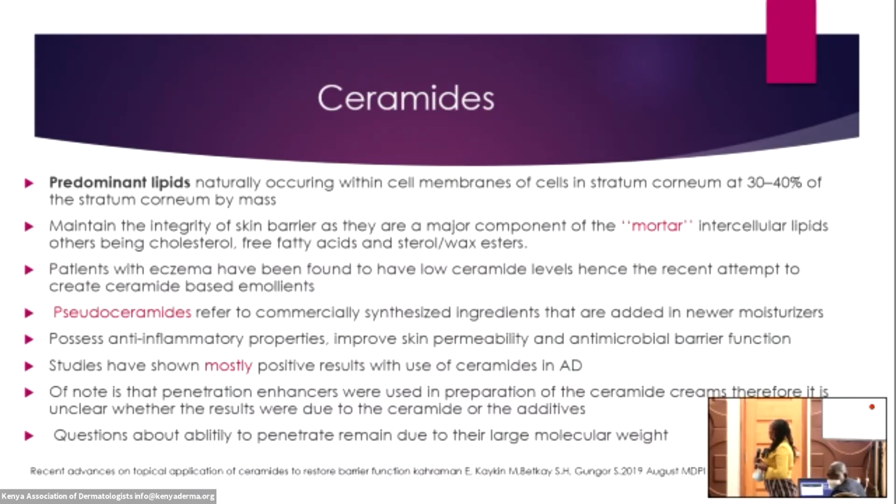Patients with eczema have been found to have low ceramide levels, hence the recent attempts to create emollients that have ceramides to try and replace them. When the term pseudoceramides is used, it refers to commercially synthesized ingredients which are added to the newer moisturizers. Ceramides possess an anti-inflammatory property. They improve skin permeability and antimicrobial barrier function.